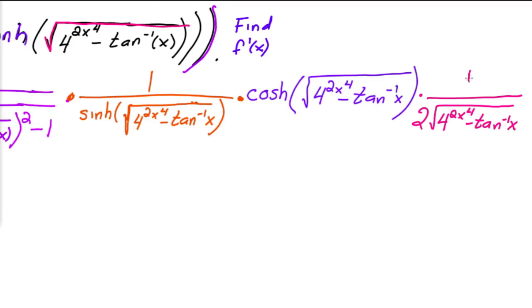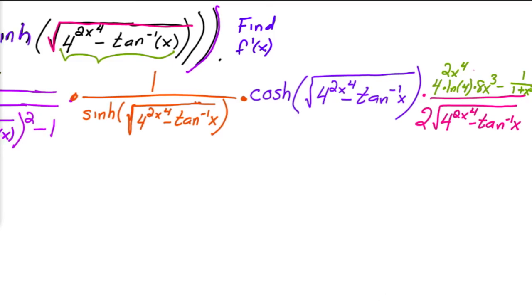And then times, now I've run out of room, so I'm just going to put the derivative of this inside right on top. So here the derivative of this guy is 4 to the 2x to the 4th, because the derivative of this guy is itself, times natural log of 4, times the derivative of its inside, which is 8x to the third, minus the derivative of inverse tangent, which is 1 over 1 plus x squared.